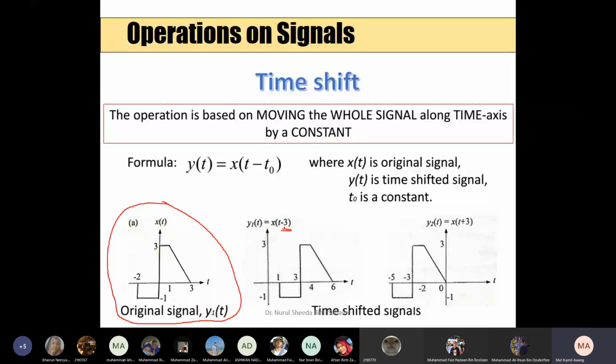At minus 3, the original value was 0. So y of t is 0.